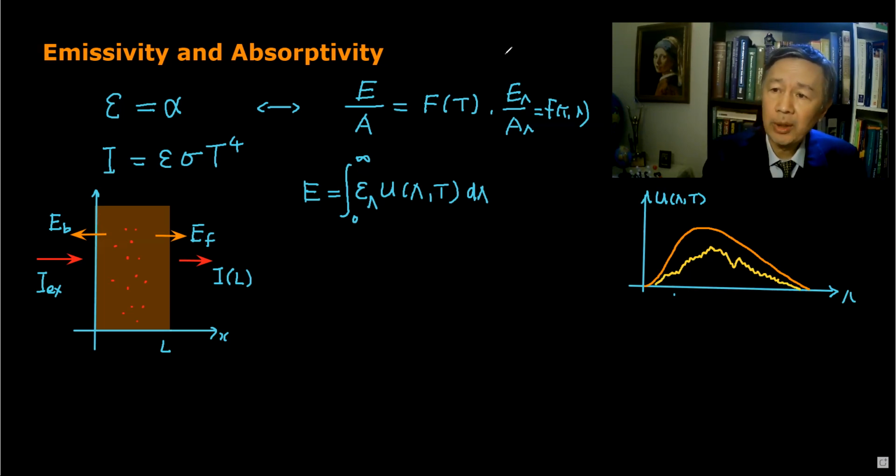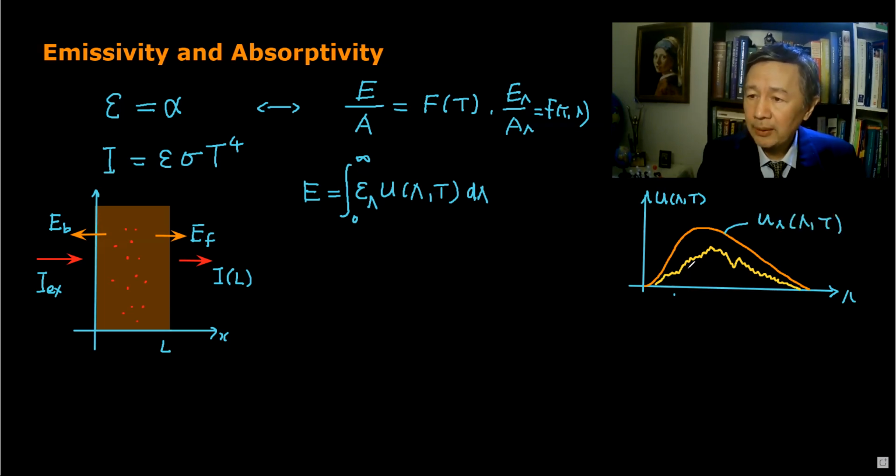So in this diagram, that will represent a Planck function, U lambda T, and this yellow one will represent the product. So this is also called the black body, and that yellow one will correspond to the gray body.